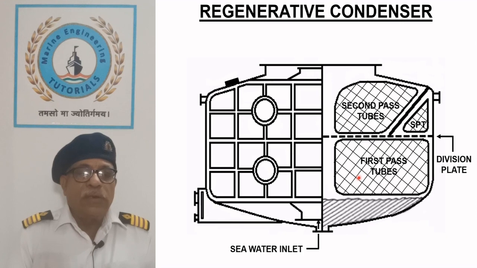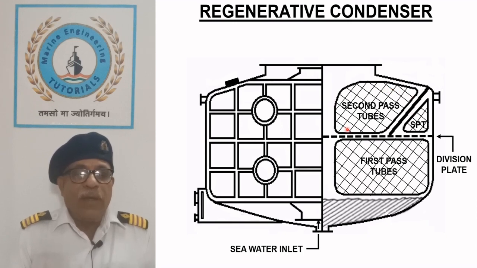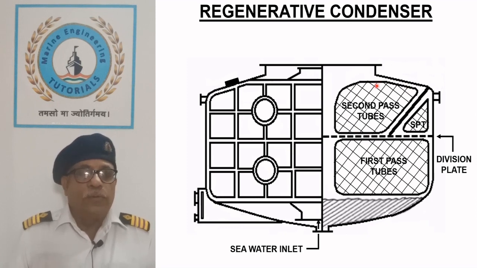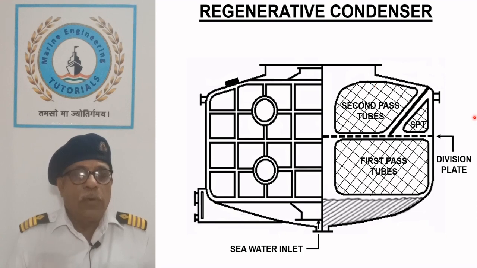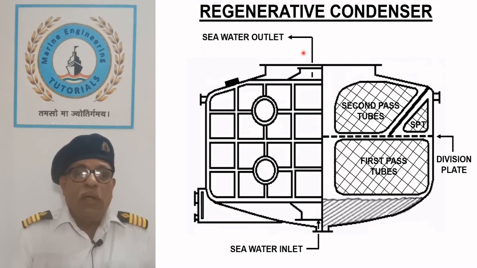Seawater first travels through the lower tubes called the first pass tube and then turns in the other water box on the free end to travel to the upper tubes called the second pass tubes. Seawater finally leaves the condenser from the top and is discharged overboard.